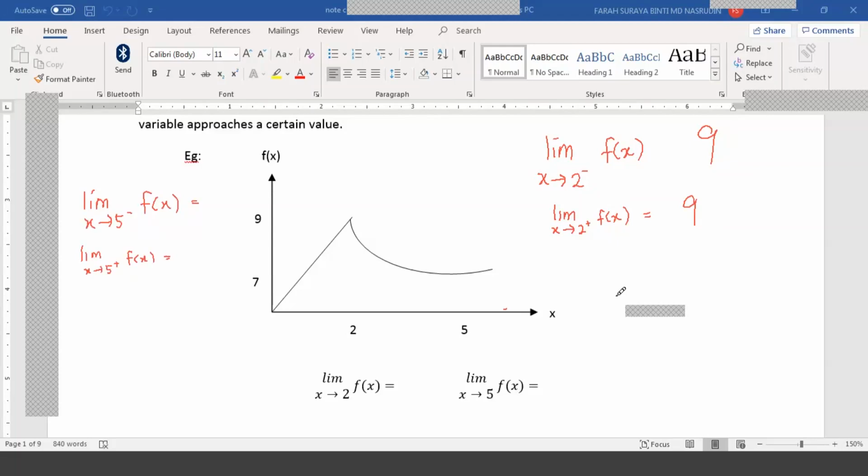You all nampak kan yang saya conteng-conteng ni kan? Nampak. Sekejap. Okay, so untuk first kali kita tengok dekat mana X equal to 5 kat sini.